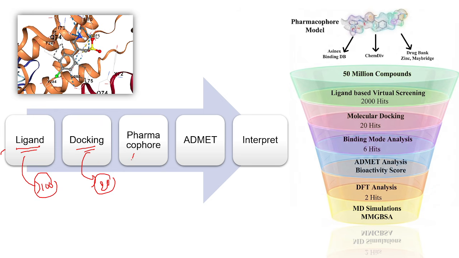Then we go for pharmacophore modeling, or analysis. After that analysis, we get only 10 compounds. Then we perform the ADMET study, and during the ADMET study we screen the compounds again, and we finally have two to three lead molecules.